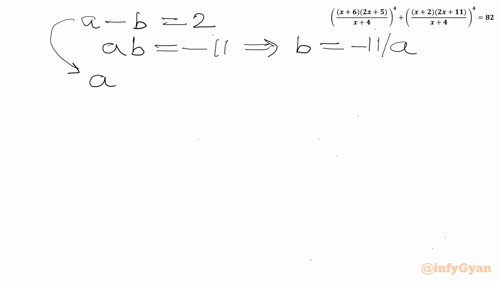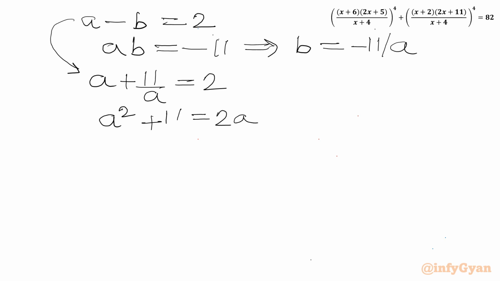So A plus 11 over A equal to 2. Multiply both sides by A. So A square plus 11 equal to 2A. Take all the terms to one side. A square minus 2A plus 11 equal to 0.